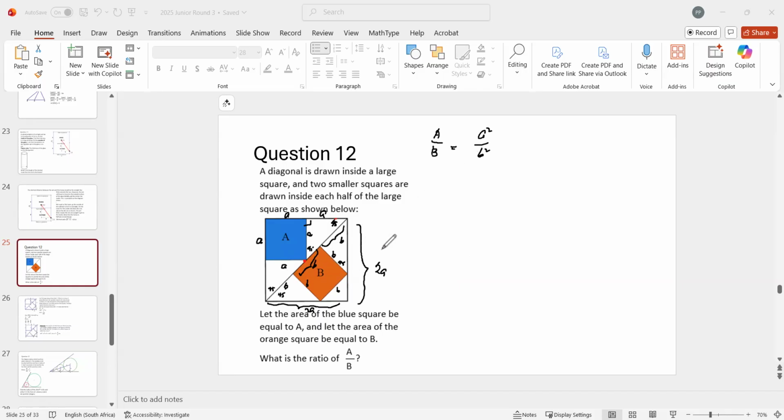Now, we've actually drawn all this. And if you look at this, you see I've got a right angle triangle. This part here is a right angle triangle. One side is 2a, the other side is 2a. And the diagonal is 3b because the diagonal is split into three equal parts. So you got that from Pythagoras.